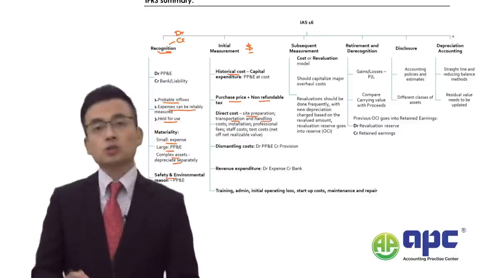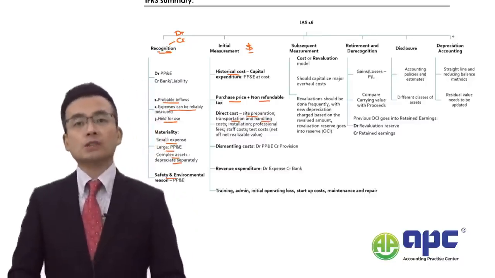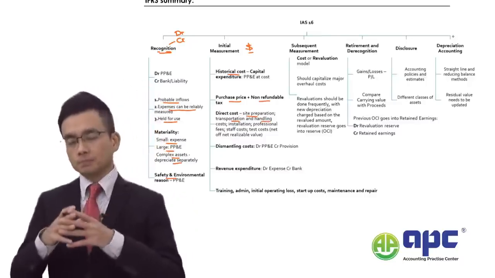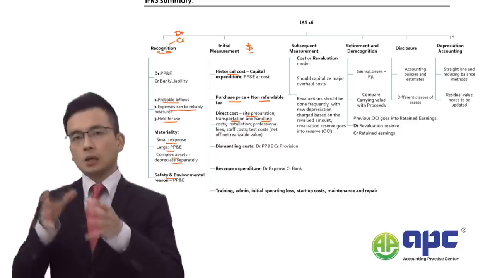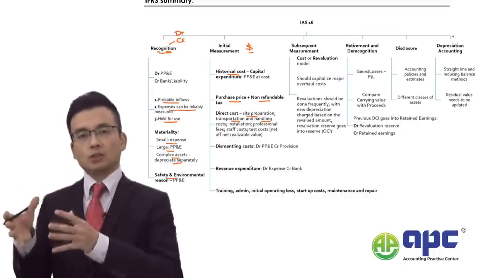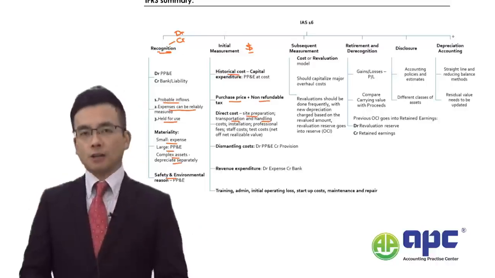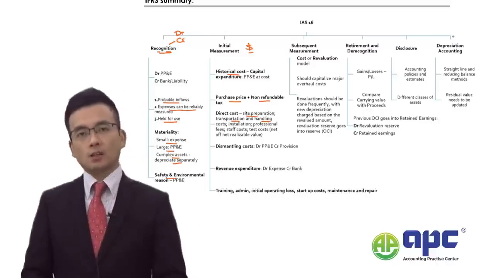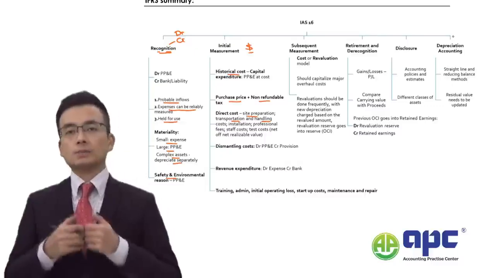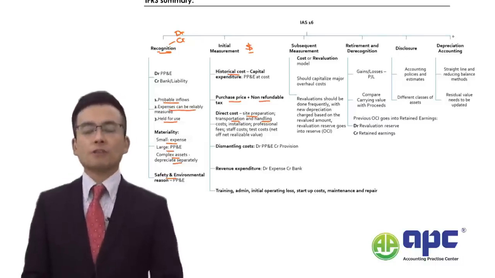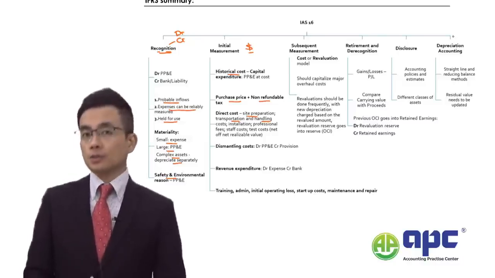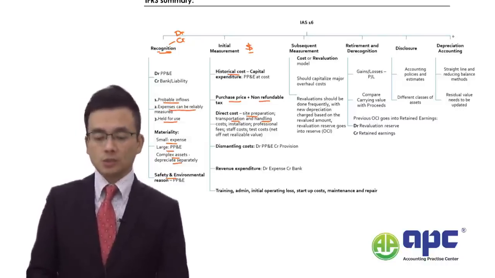Also handling costs, as we saw in inventories. We need to get that PP&E from outside our factory to inside, and that cost, for example renting a special machine to deliver that item, needs to be capitalised as well.